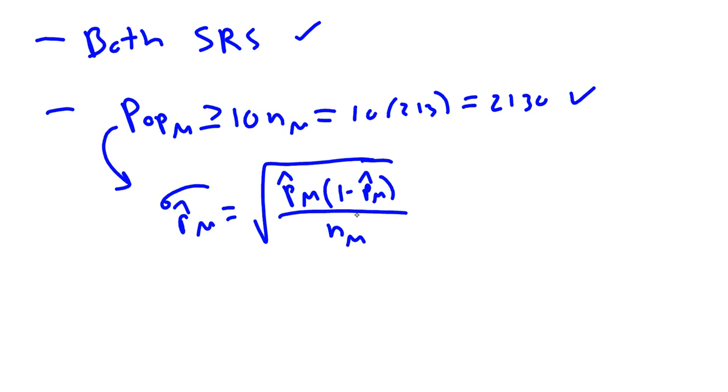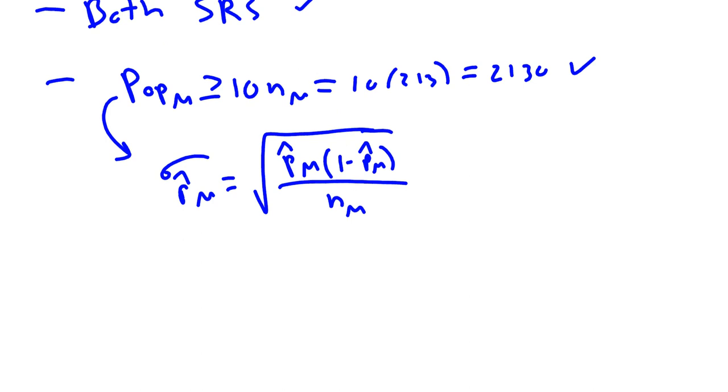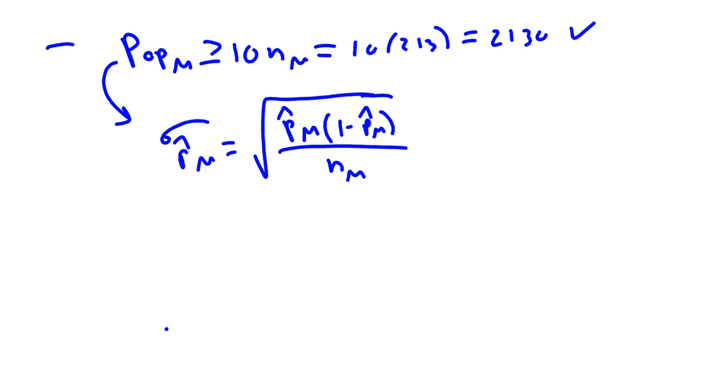Okay, so I could take the time to type in these numbers. I'm not going to because we know this isn't really the standard deviation we're interested in. We're interested in the standard deviation ultimately of p hat sub men minus p hat sub women. And the question is, what will that be? So we'll get to that in a minute.